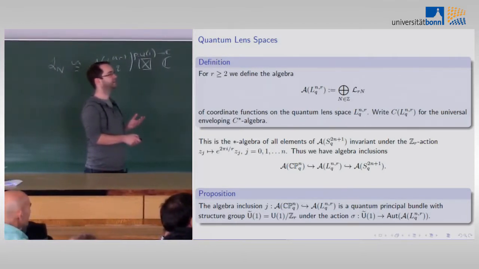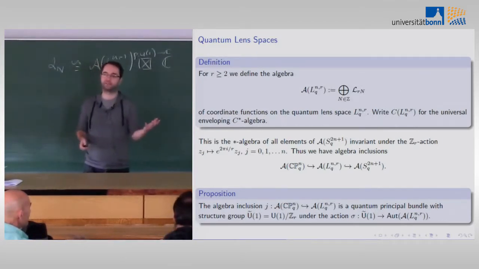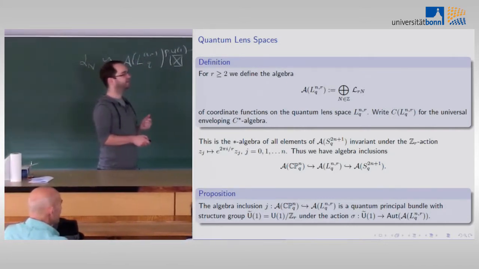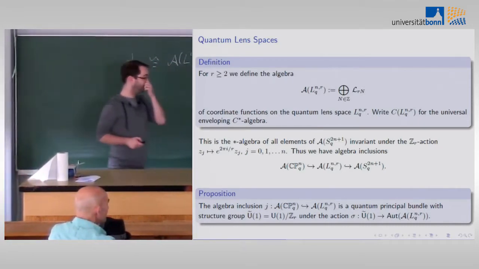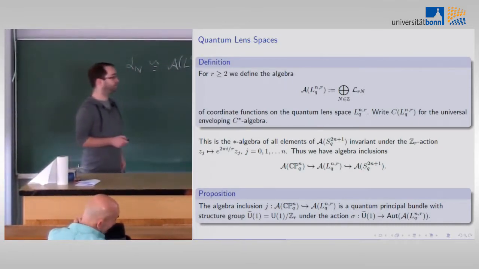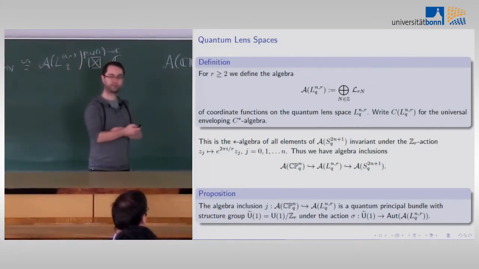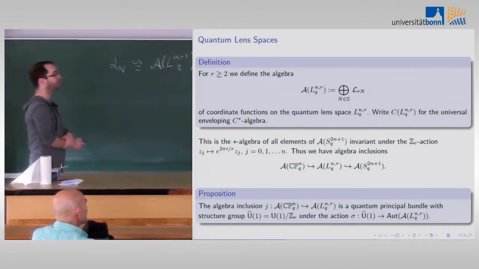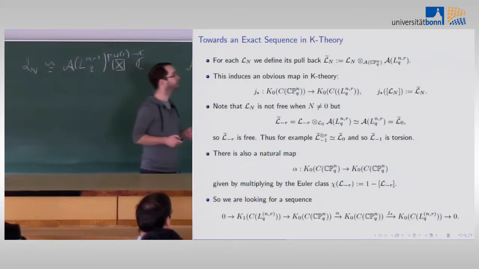So to get the structure group, I have to take the quotient of U1 by ZR, which is again a copy of U1, but you have to keep track of these things. So this is what I call U1 tilde. There's an action of U1 tilde acting on the coordinate algebra of the lens space, and that's a quantum principal bundle. So there's a certain freeness condition here, or if you prefer, Hopf-Galois extension. That's all it is. So we've got the quantum picture that we had in the classical case.